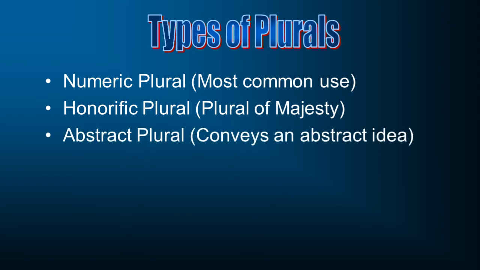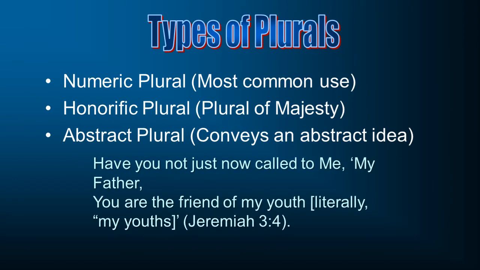And then there's also the abstract plural, which conveys an abstract idea. Here's one of those, Jeremiah chapter 3 and verse 4. Have you not just now called to me, my father? You are the friend of my, and literally says, of my youths. Well, that's sort of an abstract idea.